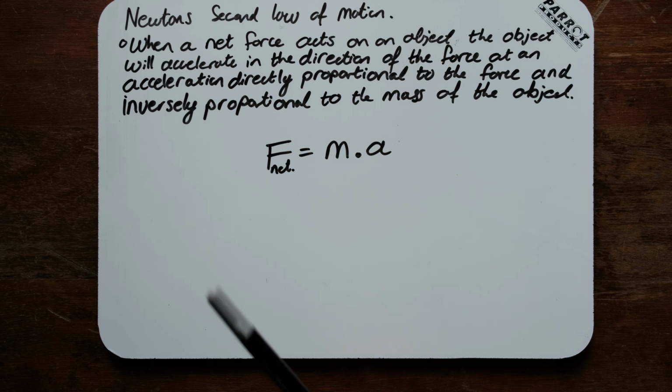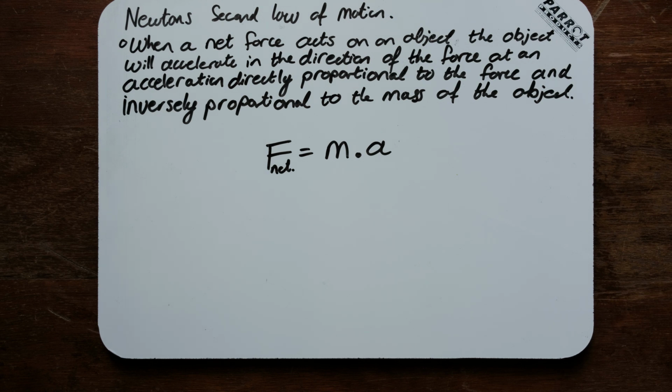So if we break down the definition according to the CAPS document, it is saying that a net force is the resultant force. It's all the forces acting upon that object, which gives us a single net or resultant force.